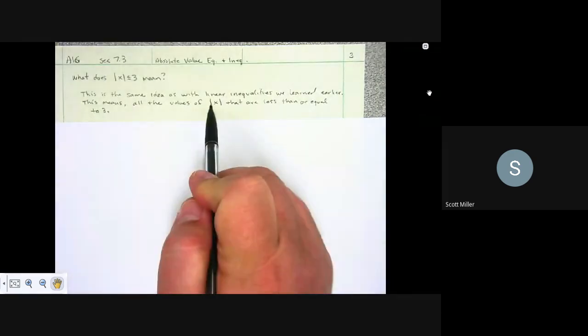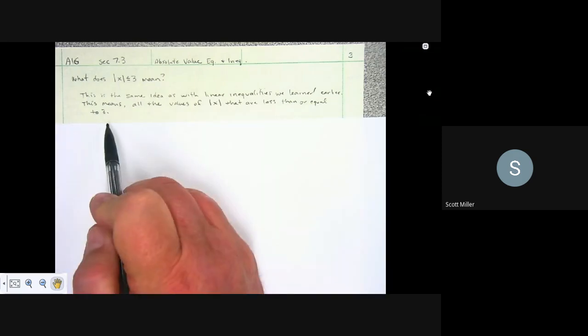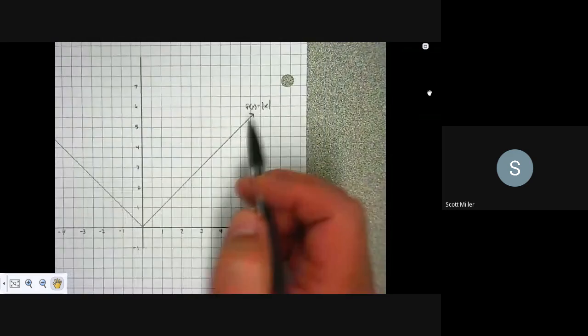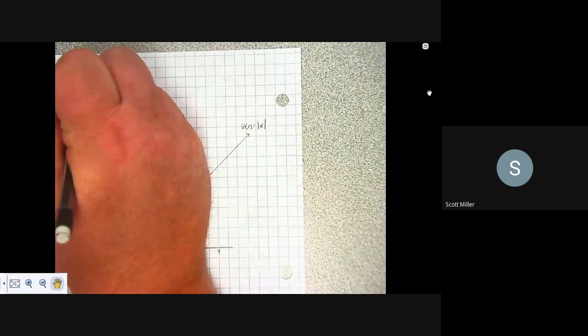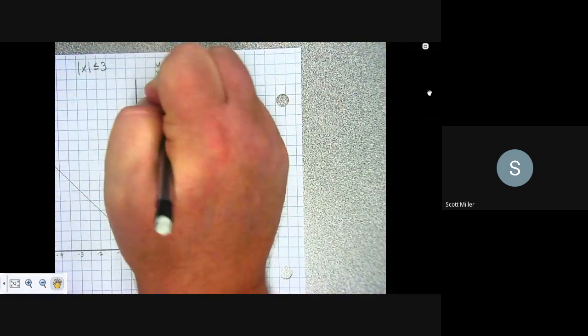Well, this idea is basically the same as with linear inequalities. We want to know all the values of x that are less than or equal to 3. I have a little visual here we're going to look at. We're going to graph this out. If we have the absolute value of x less than or equal to 3, we're going to graph y equals the absolute value of x, which is what I have drawn here.